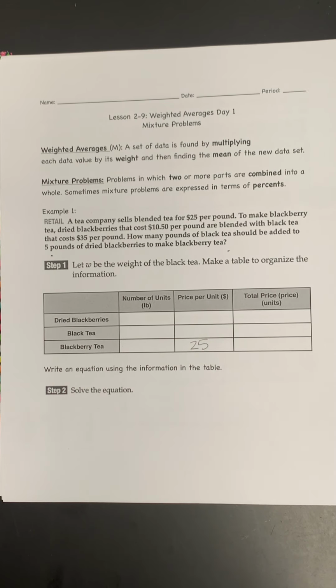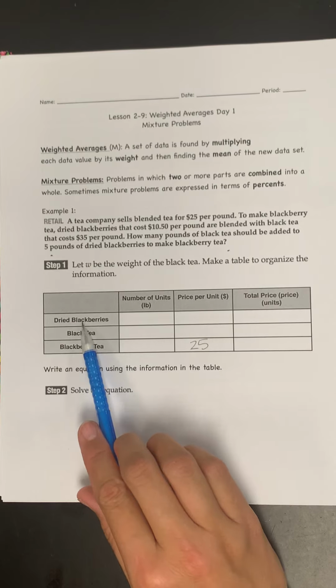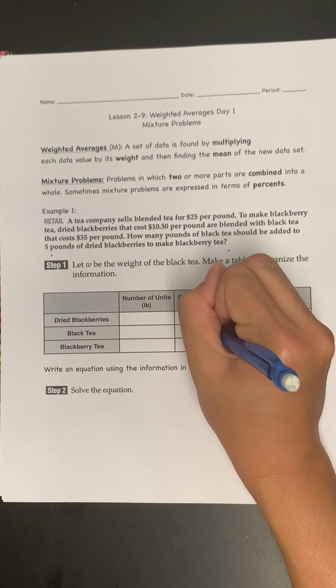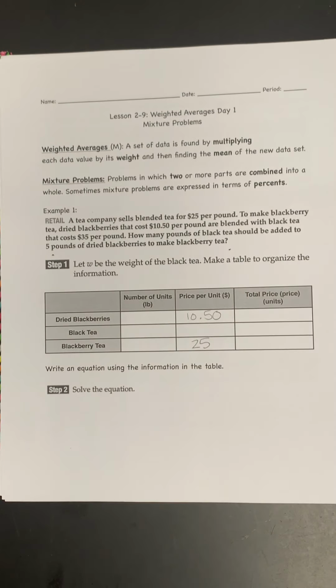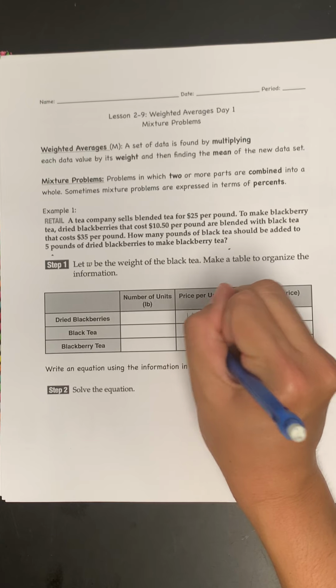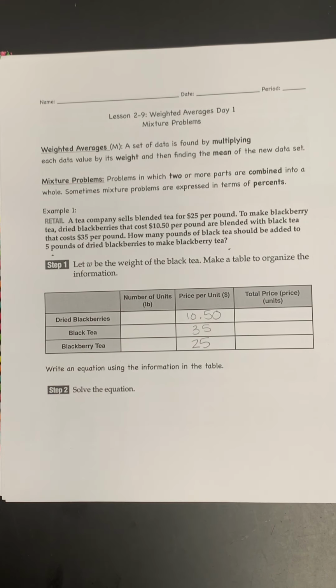The next sentence says, in order to make the blackberry tea, dry blackberries are costing $10.50 per pound. So our dried blackberries are $10.50. And they're blended together with black tea, which costs $35 per pound.